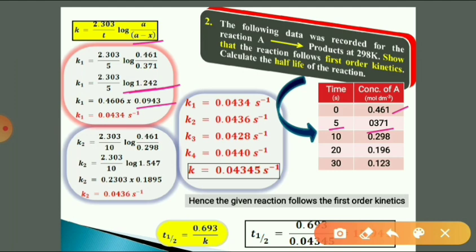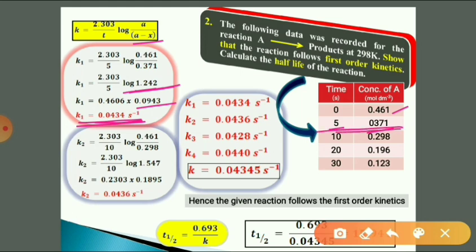This factor is multiplied by 2.303 upon 5, which is 0.4606. After multiplying these two, we will get 0.0434 per second. So this is the k1 value for set 1.